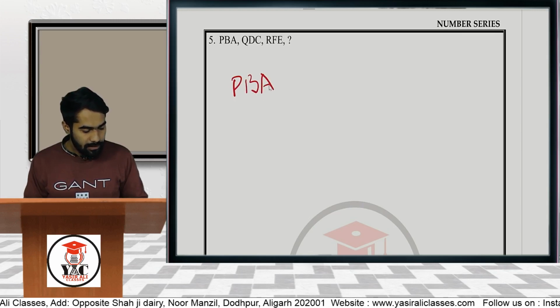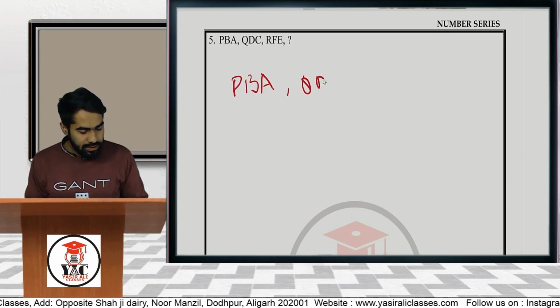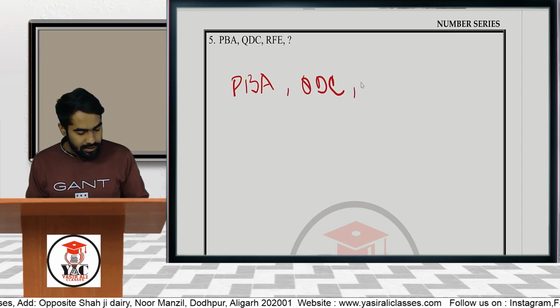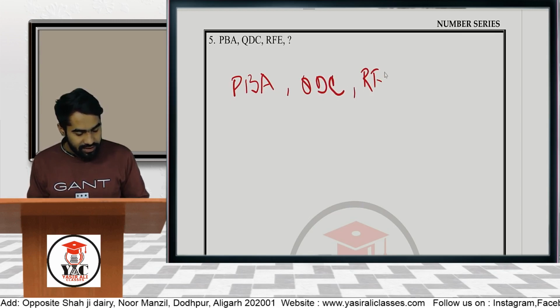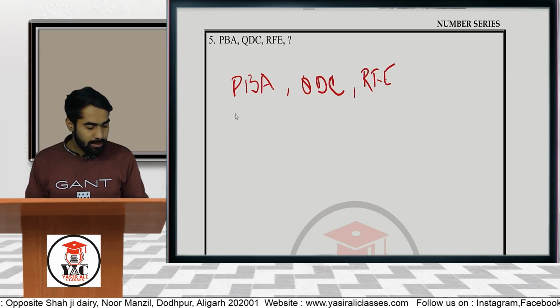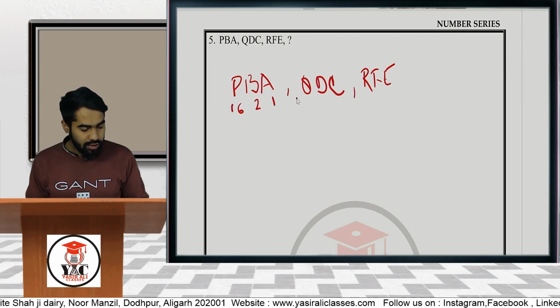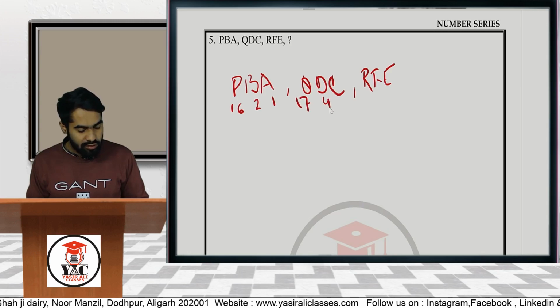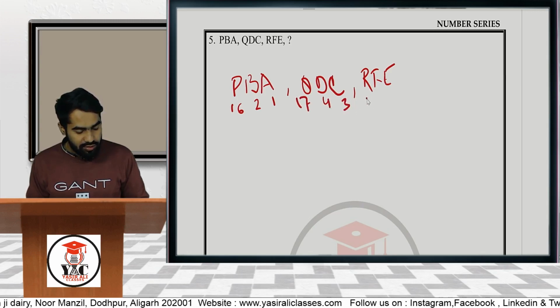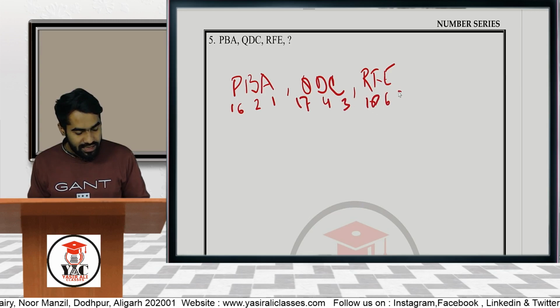PBA, next is QDC, next is RFE. Okay, so try to put numbers. P is on 16, B is on 2, A is on 1, Q is on 17, D is on 4, C is on 3, R is on 18, F is on 6, and E is on 5.